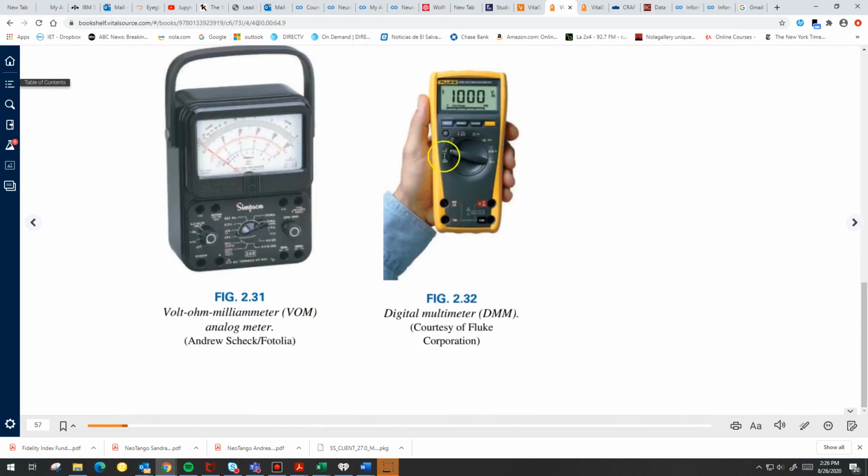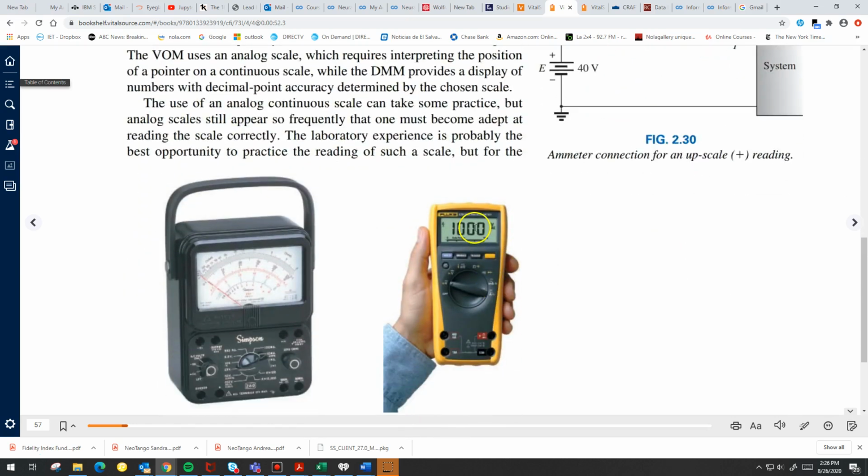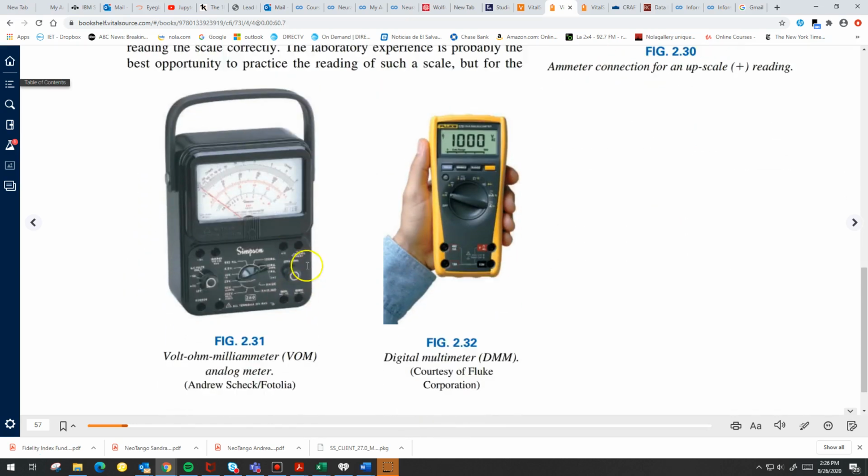This is the type of multimeter we're going to be using, digital multimeters. We're going to be using also other kinds of devices. This is an analog multimeter, the old type of analog meters. We are not going to be using analog meters in our course, in our lab. We are basically going to be focused on using digital multimeters among other devices.